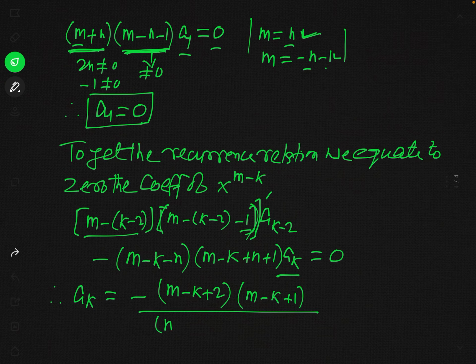So this you can write as n minus m plus k into n plus m minus k plus 1, into a k minus 2.